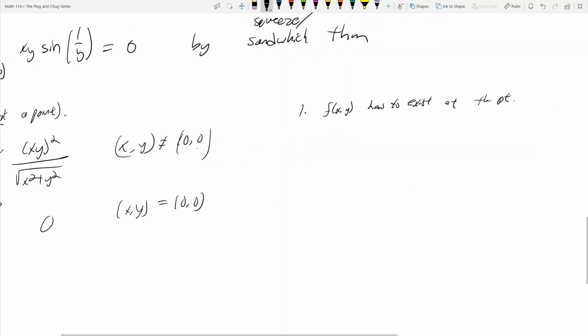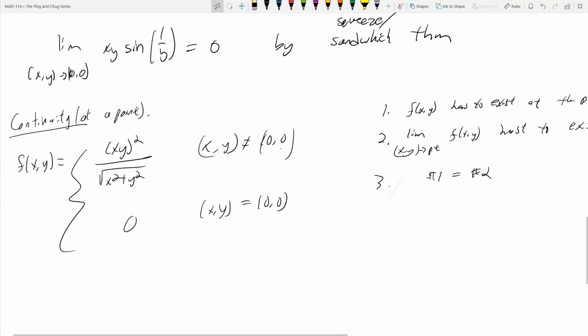The second thing is that the limit as xy approaches the point of f of x comma y has to exist. And then the third thing is that number 1 has to equal number 2. So essentially, the function value at that point has to equal the limit at that point.